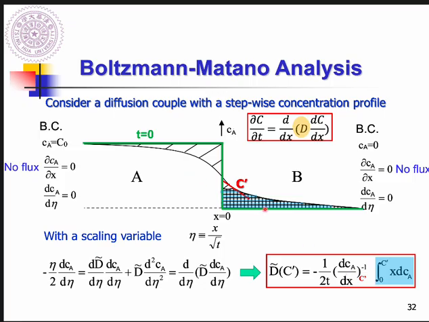But the most important thing, I believe you have noticed, is that in order to get the D of C prime or of C, you need to plot the concentration profile at specifically the indicated time point. Then that can help you to get the integral term and also the reciprocal of the slope term. Then you know this, and you know the diffusion time, then you can get D.